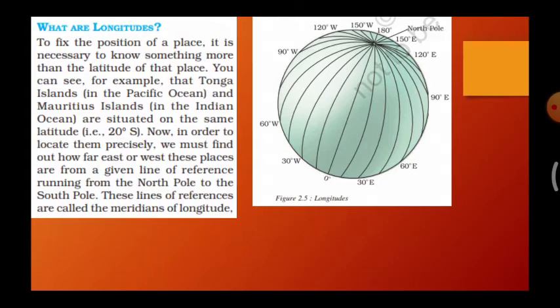For that, they have divided the globe into west and east parts. They have given the same kind of degree lines, where the west will have a W symbol and the east will have the E symbol.